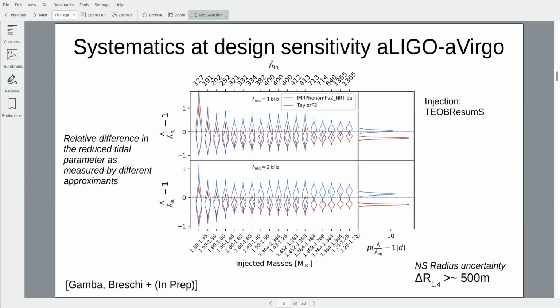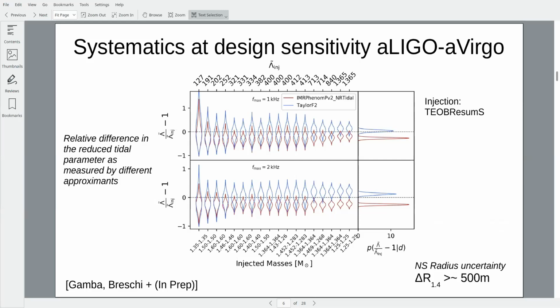So how do current waveforms perform if we are looking now at design sensitivity and want to measure in particular the tidal parameter? In the figure, you see the outcome of a so-called injection study. It's a mock study in which we use 3 waveform models, and we simply compare what they would predict in an actual parameter estimation analysis. And the result is that for the loudest and most informative events, there will be systematic bias just introduced by the waveform approximants.